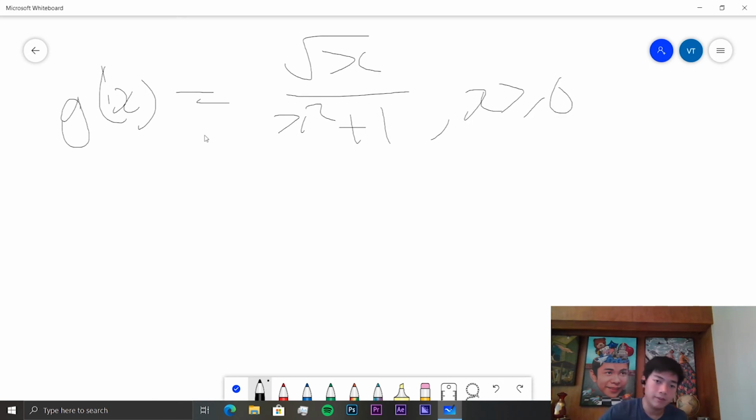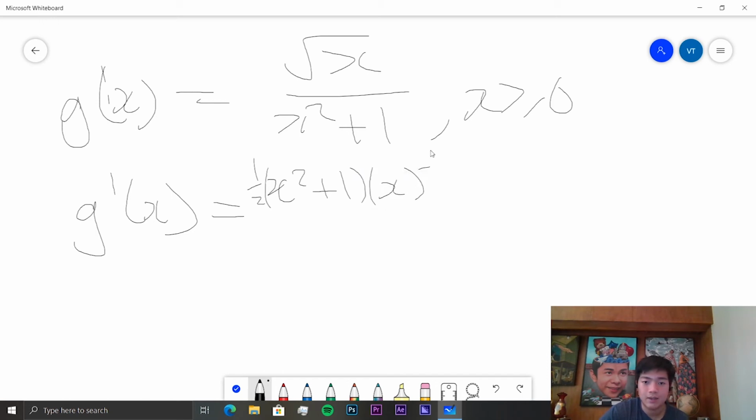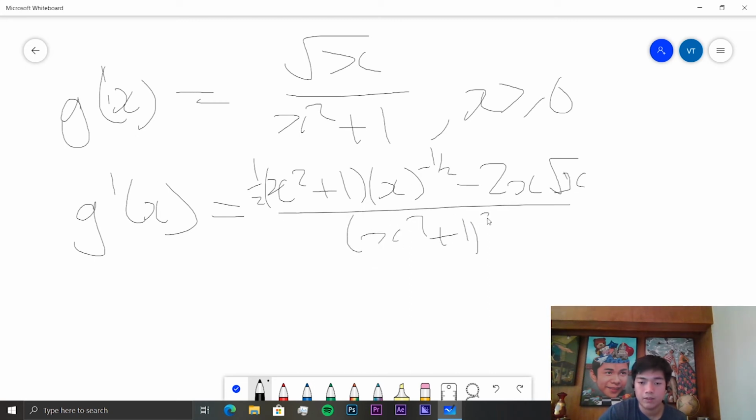Let's use the quotient rule. So g prime will be equal to x squared plus 1 times one half x to the negative 1 half, minus 2x times the square root of x, all over x squared plus 1 squared.